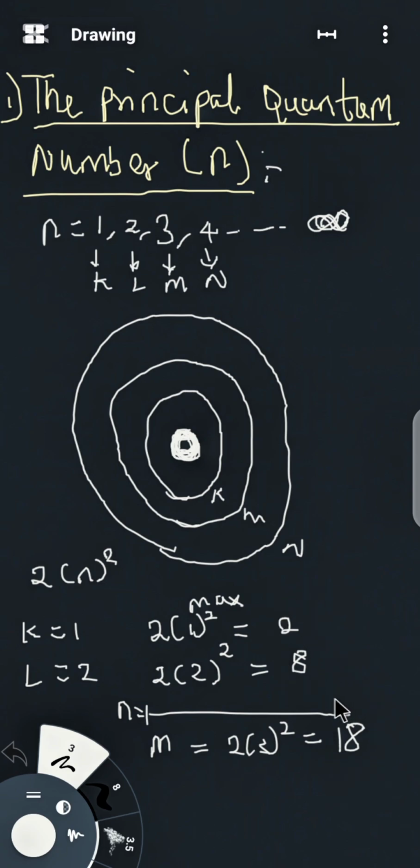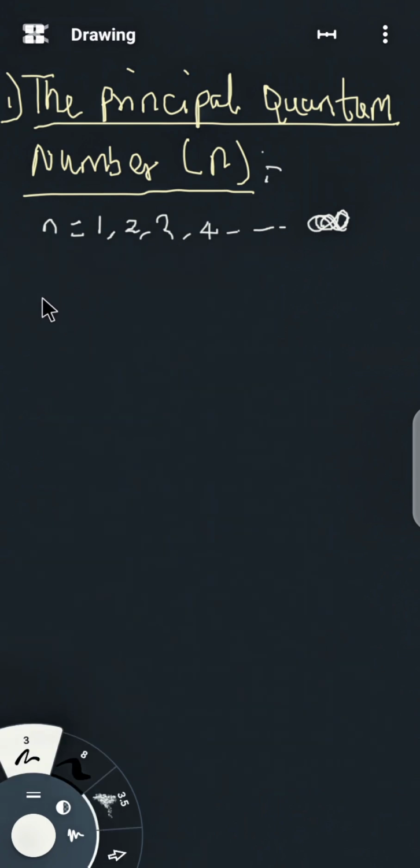This is very cool because it gives us an overview of where the electrons are, or how many electrons a particular shell is expected to have. So let's say we want to draw the atom of aluminium, for example, using the principal quantum number.